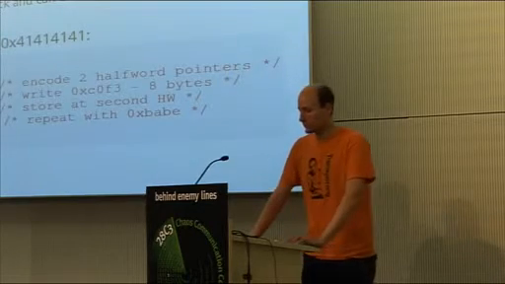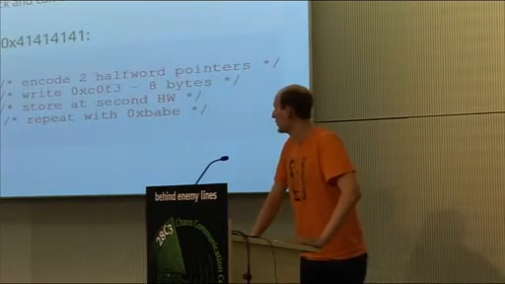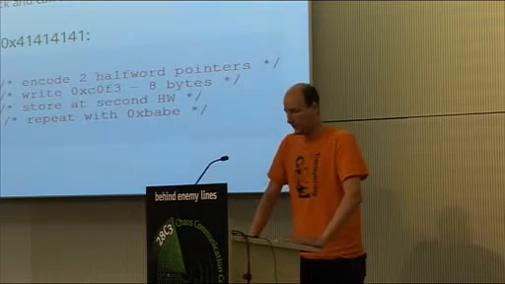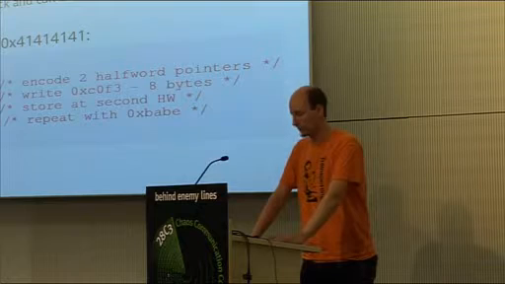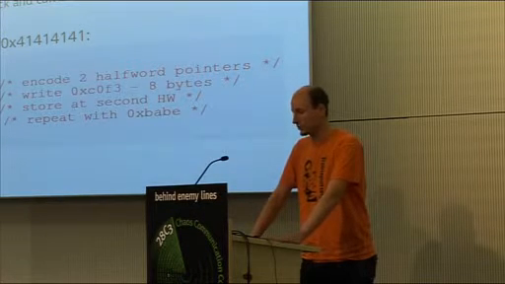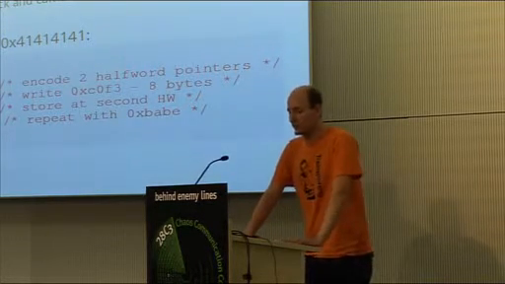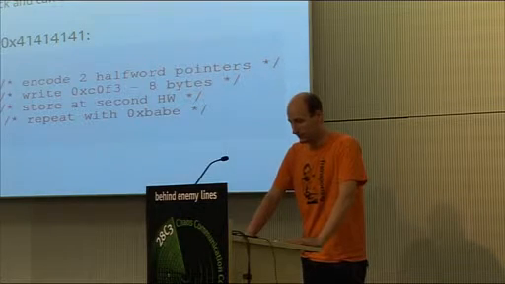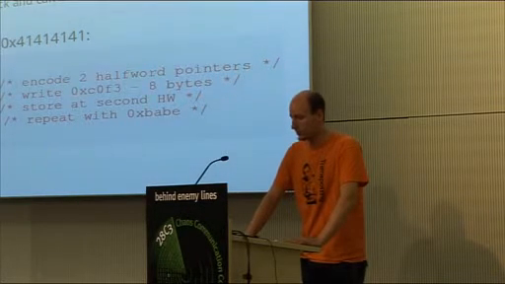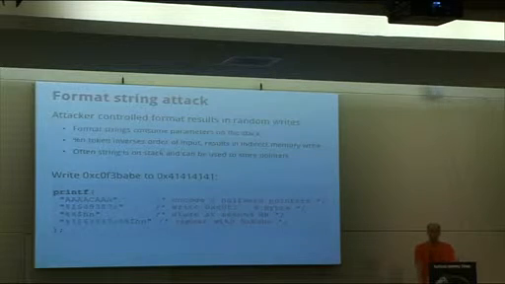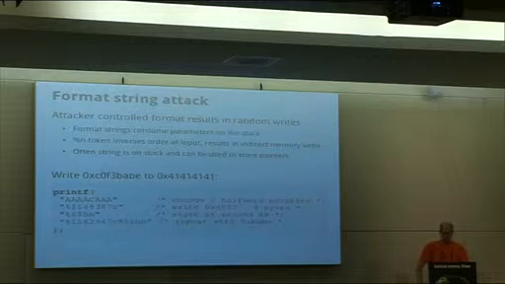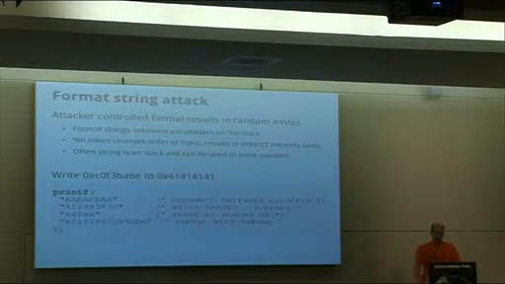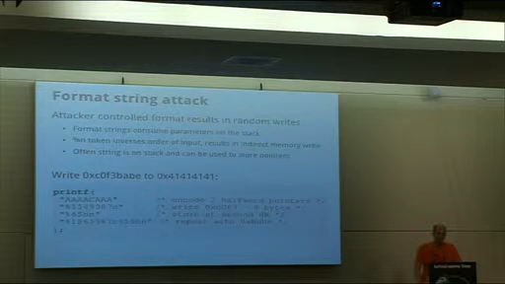So we want to write 0xCOFFEEBABE to 0x41414141 and construct a format string like that with 2 half-word writes. The printf command consumes the format string. The first 8 bytes of this format string are the 2 half-word addresses: the first time the AAAA address, and the second time the AAAC address.